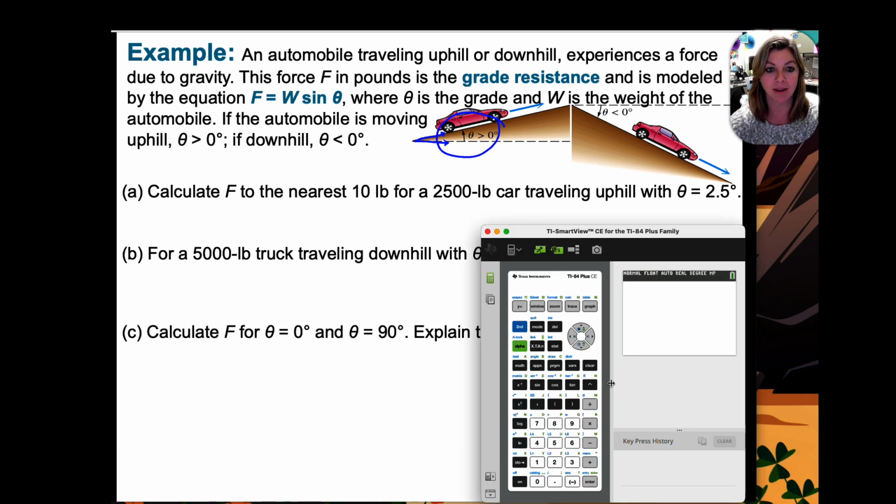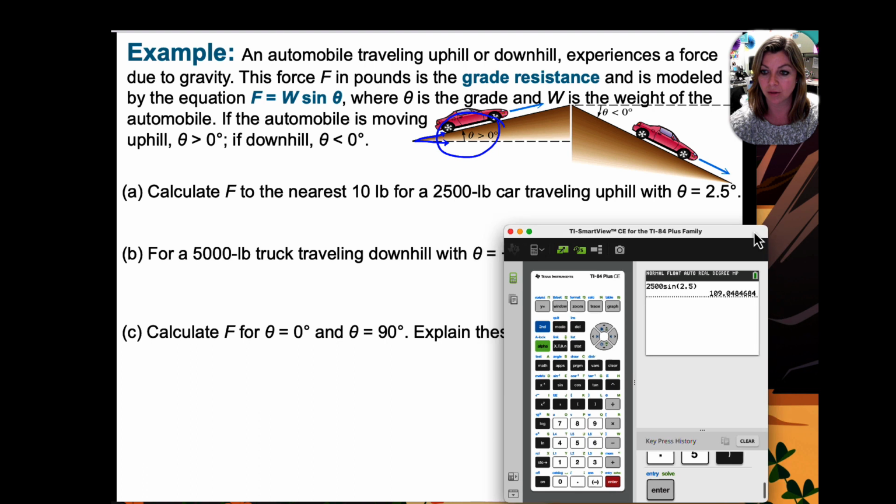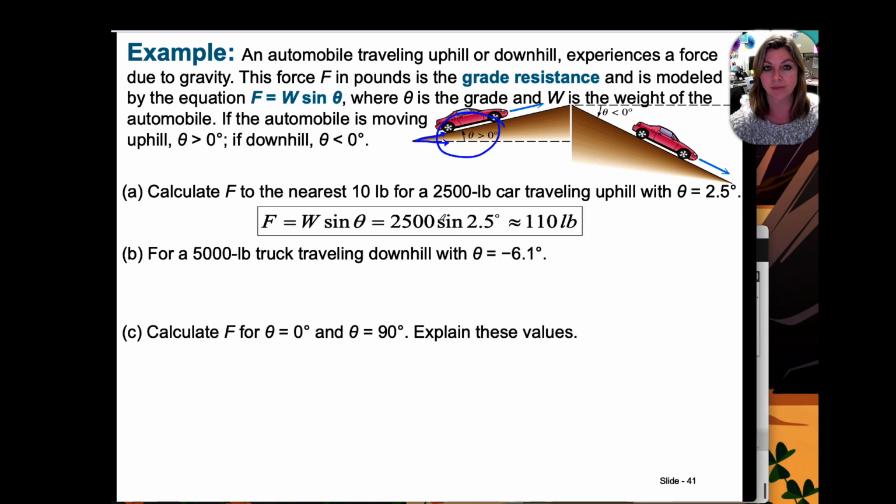Typing that in, we start with the weight of the vehicle, 2,500 pounds, and multiply by sine of the grade, 2.5 degrees. It turns out that we have a grade resistance of 109.048 and so on pounds. We are asked to round to the nearest 10 pounds, so this is closer to 110 pounds.